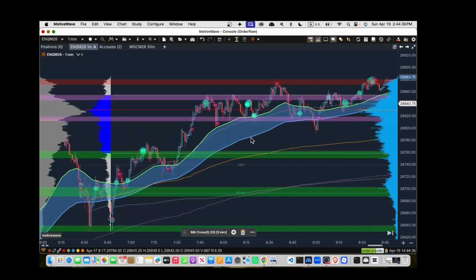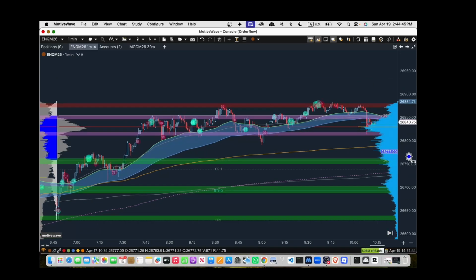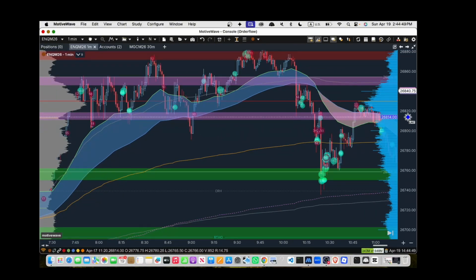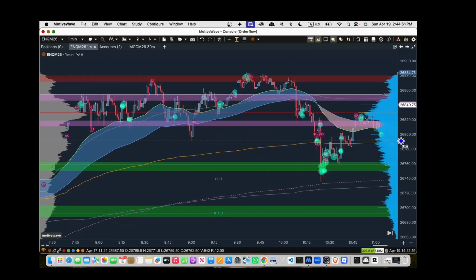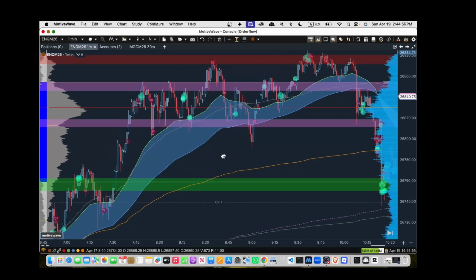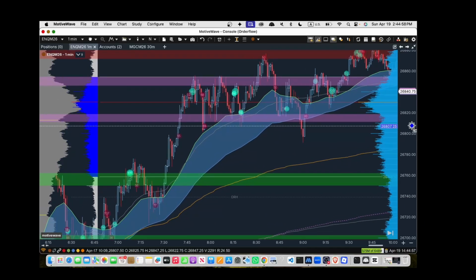Because of that, there's no long-term higher time frame value being built. And so the yearly profile becomes obsolete and you're no longer able to get those higher time frame levels. So when that happens, you need to find ways to adapt.